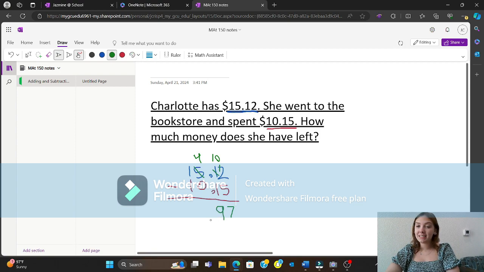So 97. Bring down our decimal point. And now we have 4 minus 0, which is 4. And 1 minus 1, which is 0. We don't need to write it. It's just a placeholder. So our answer is going to be $4.97. And that is how much money Charlotte has left over.